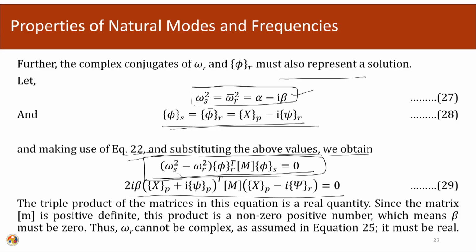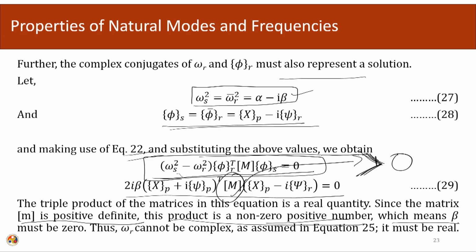The triple product of the matrices in this equation is a real quantity. Since the matrix M is positive definite, this mass M is positive definite, which means that the algebraic quantity is greater than 0. This product is a non-zero positive number.